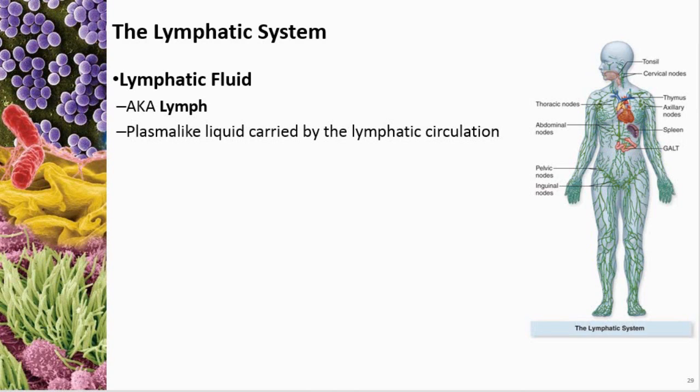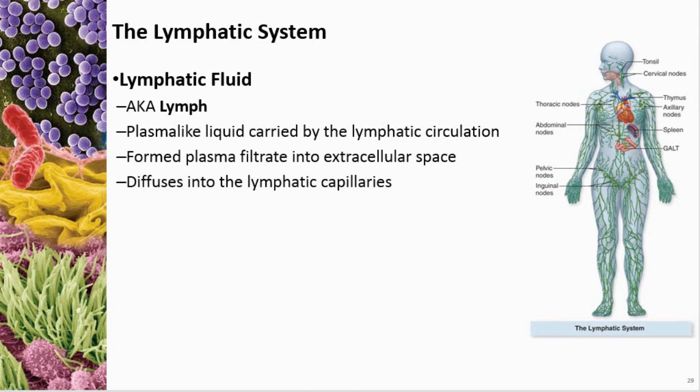The only difference is in the interstitial fluid, there are a lot of waste products that come out of the cells, and those are also drained back into the lymphatic system. So it's formed because of plasma filtrate, I've already mentioned this, that diffuses into the lymphatic system, and then it transports white blood cells, fats, and that's primarily in the small intestine, and cellular debris.